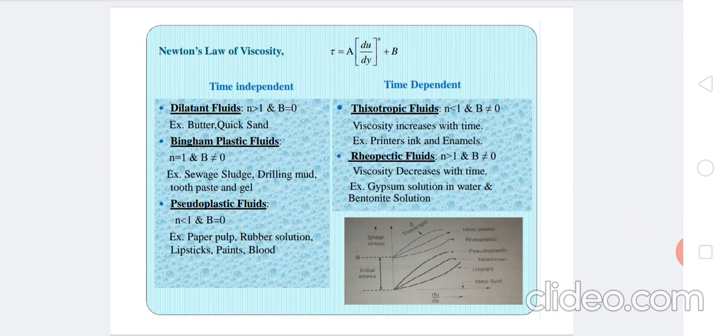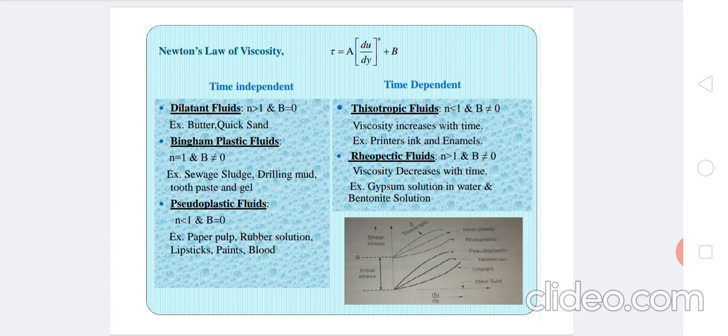The fluid which obeys Newton's law of viscosity, that means tau equals A (du/dy)^n plus B, is called a Newtonian fluid, and the fluid which does not obey Newton's law of viscosity, that means tau equals A (du/dy)^n plus B, is called a non-Newtonian fluid.